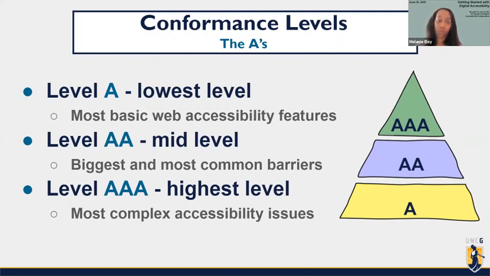But as I said, most people are trying to at least achieve full compliance at the AA level. With AAA, if it's achieved, it means that in addition to meeting the requirements for single A and AA, you're providing improvements and enhancements to web accessibility.